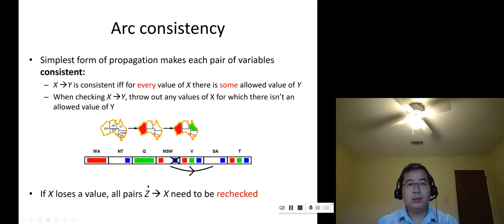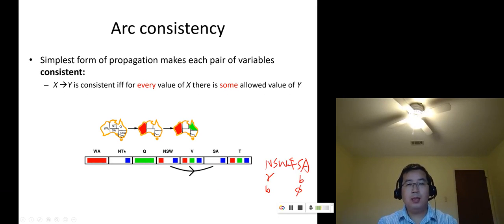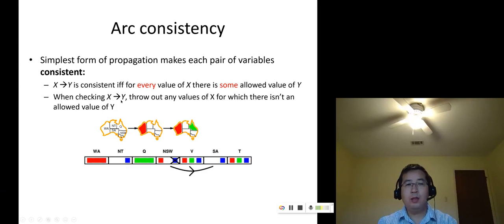So when checking X implies Y, we throw out any values of X for which there isn't an allowed value of Y. For example, like this one.